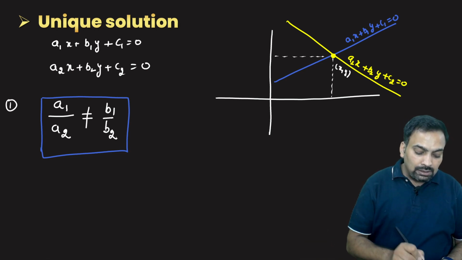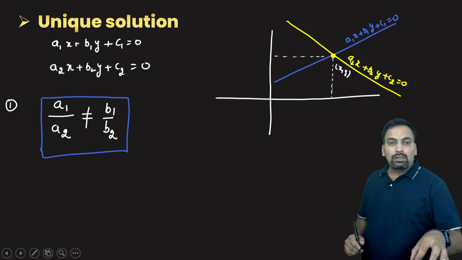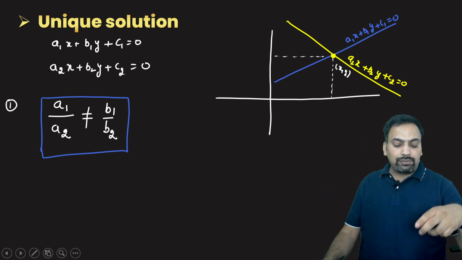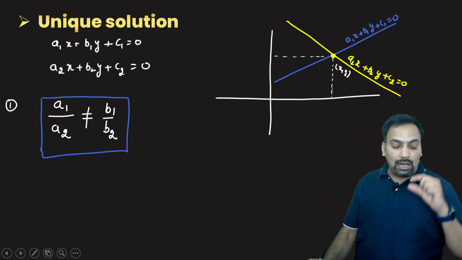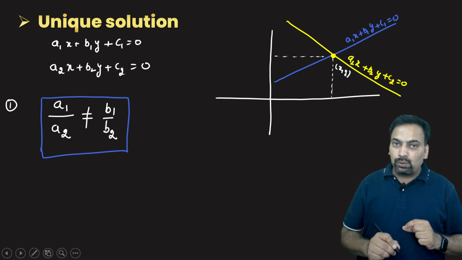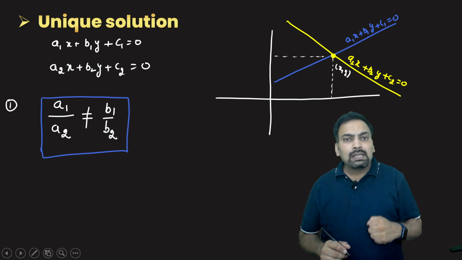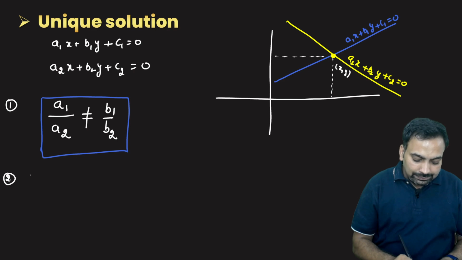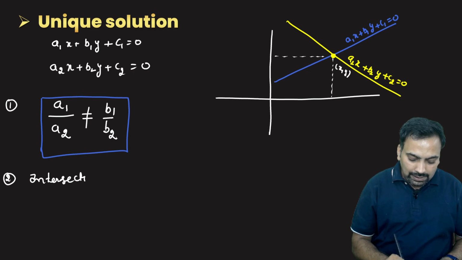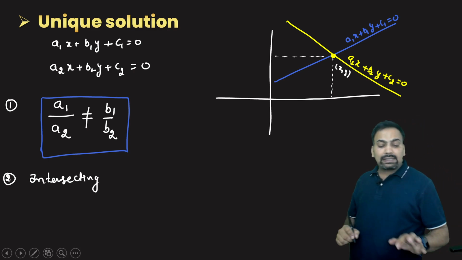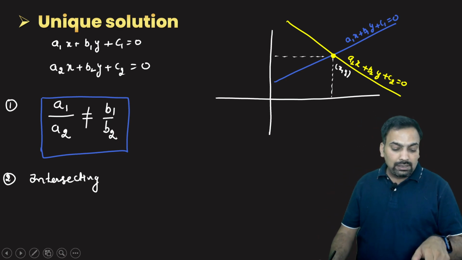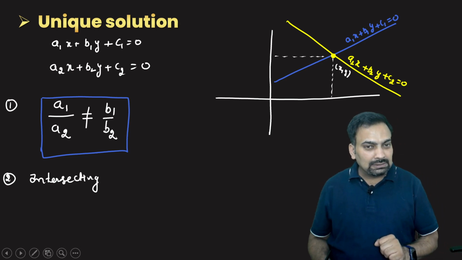Number one condition, you can find the type of solution directly from the equation. How? a1 by a2 is not equal to b1 by b2. If you see a graph, if two lines are intersecting at a point, obviously that is also a unique solution.